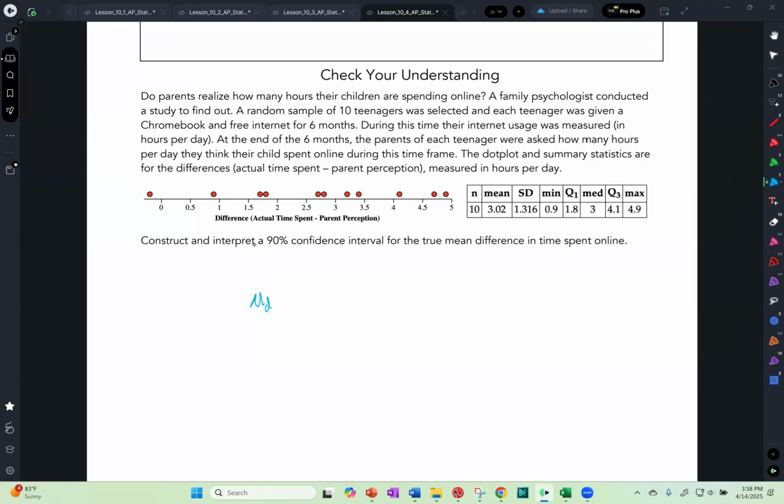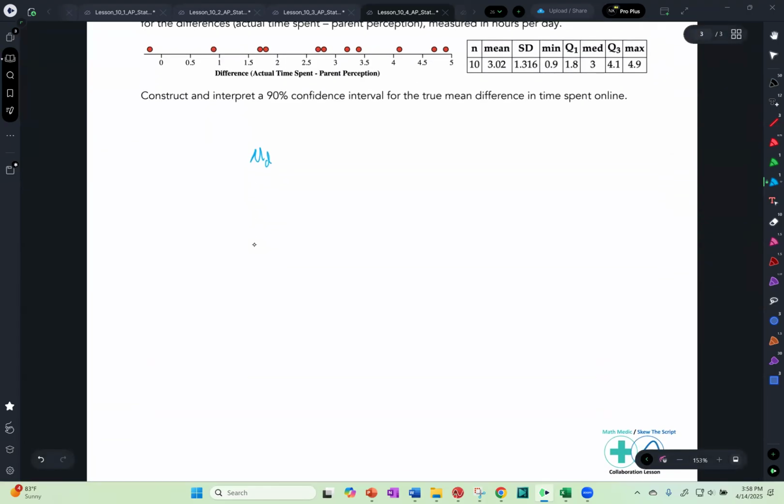And then you run your test. And again, when you run your test, it's just going to be x bar d plus or minus your critical value times your standard error. And the big thing I want to point out is when you do your t critical value, your degrees of freedom here would just be 9 because it's essentially come down to a one sample t interval. And that's how you would run the test.